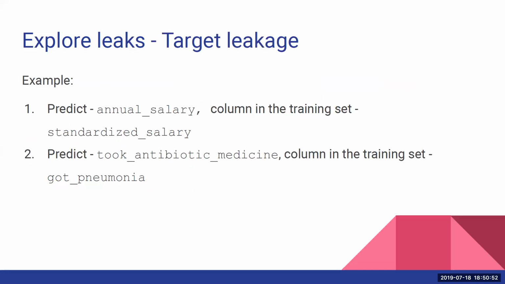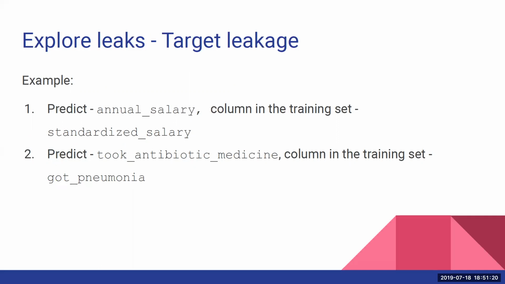So about the target leakage, those are very simple examples, I guess. You have a target, and you also have another feature in your data which is very highly correlated with the target. Sometimes, you have to predict the annual salary, but you have a column in the training set called standardized salary. It is still the same thing, just preprocessed.